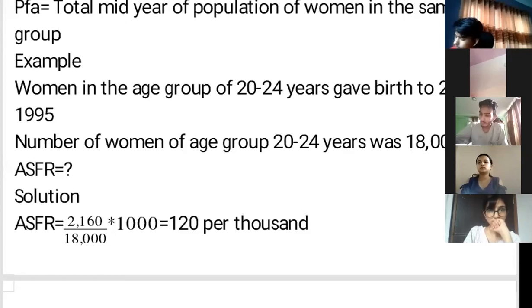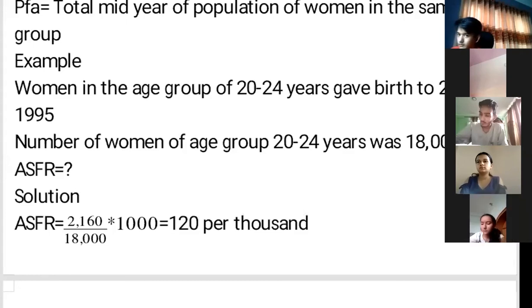Now calculate ASFR. From this one example, we can create more examples. You just have to replace the number data, because the formula is the same. We just input the data in the formula, then we can easily calculate ASFR, the third measurement of fertility rate. All right.